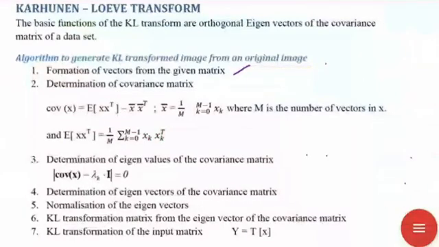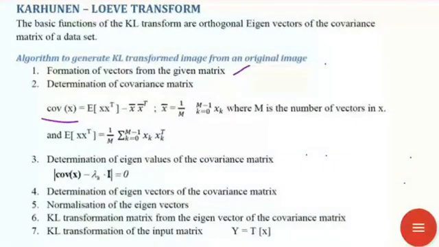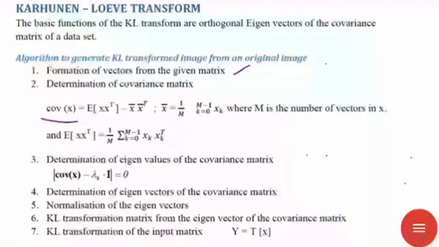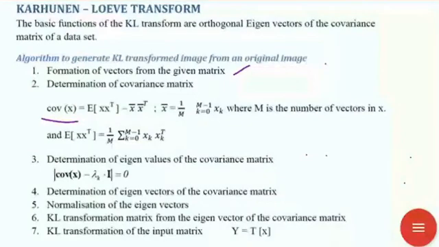This covariance matrix is represented as COV of x, that is equal to the expected value of x x transpose minus x bar x bar transpose. Here x bar is the mean of x, that is equal to 1 by M summation k equal to 0 to M minus 1 of xk, where capital M is the number of vectors in x.